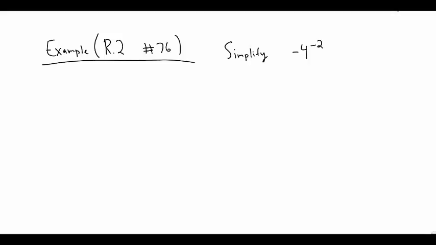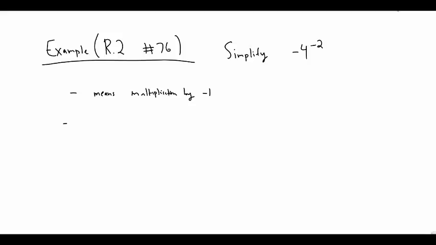Let's do this example. So this is problem number 76 in section R.2. Simplify the expression -4 to -2. We have to remember what this means. The negative sign means multiplication by -1. So we have the operation of multiplication, and we have the operation of exponentiation.